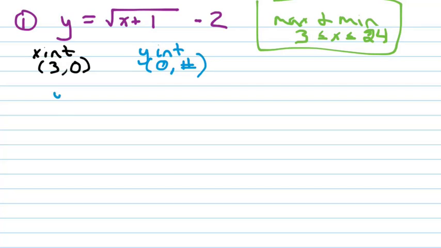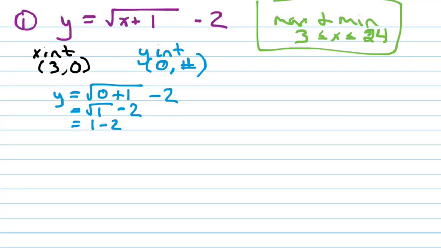So all I have to do when I'm finding the y-intercept is replace the x with 0 and solve. So the square root of 1, because 0 plus 1 is 1, minus 2. Square root of 1 is 1. 1 minus 2 is -1. So my y-intercept is at 0, -1.